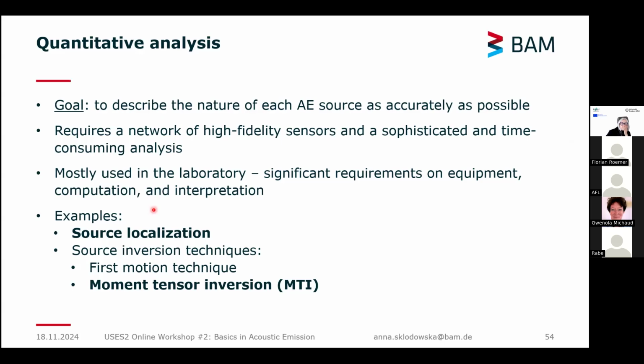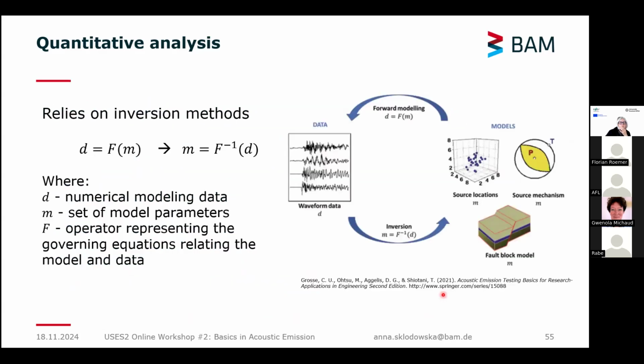An example of such analysis is source location and source inversion techniques such as the first motion technique or moment tensor inversion. Source localization I will cover in the next part, but here I will briefly mention the moment tensor inversion and what it is. Since quantitative analysis relies on inversion methods, it's worth introducing the concept of inversion.